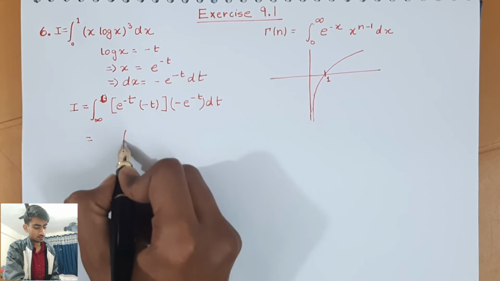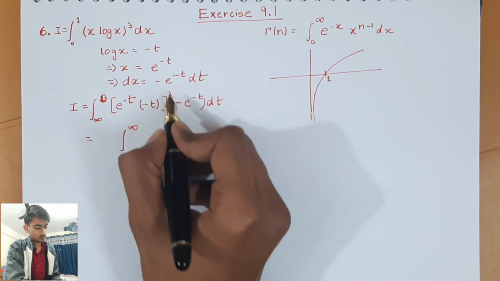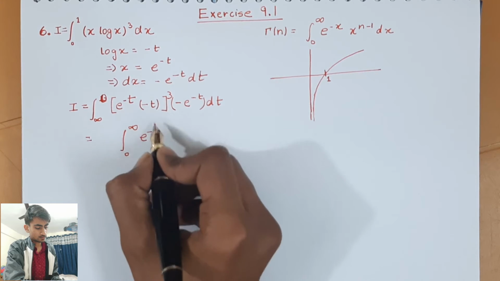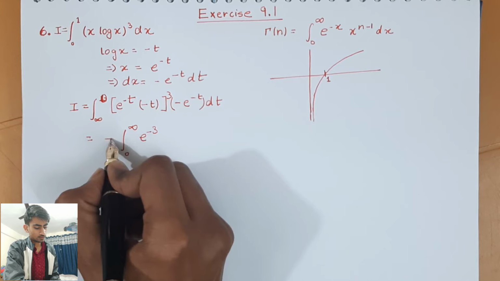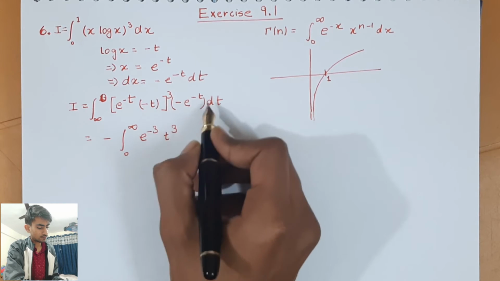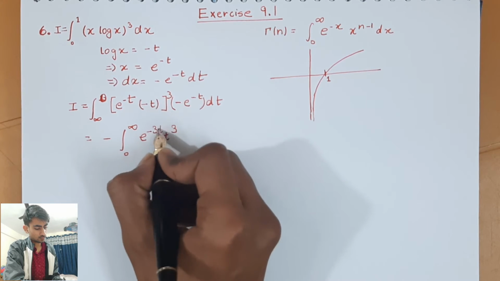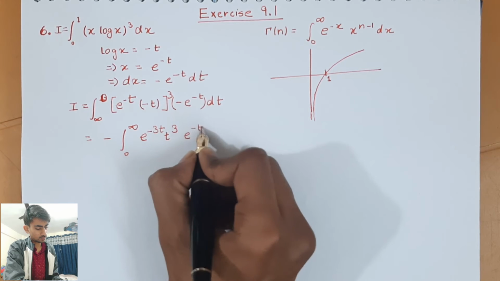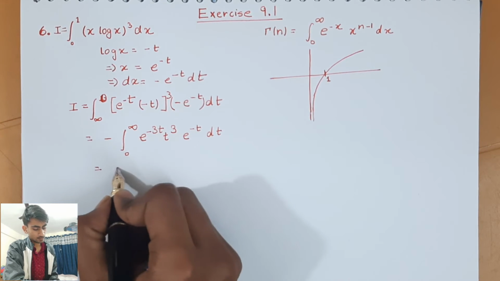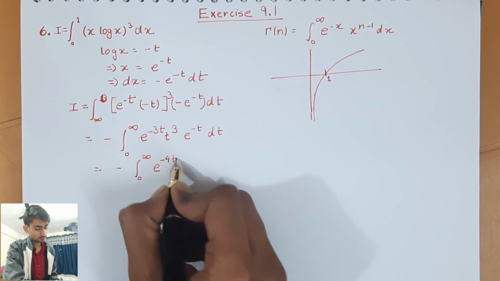So it would be from 0 to infinity, it is cubed, so e to the power minus 3t. One minus sign would remain, so let's write it outside the integral. T to the power 3 and e to the power minus t again, e to the power minus 3t e to the power minus t dt, or we can write minus integral 0 to infinity e to the power minus 4t t cube dt.